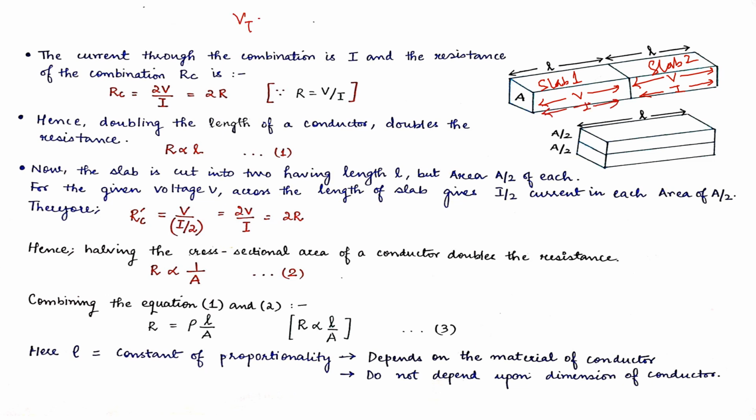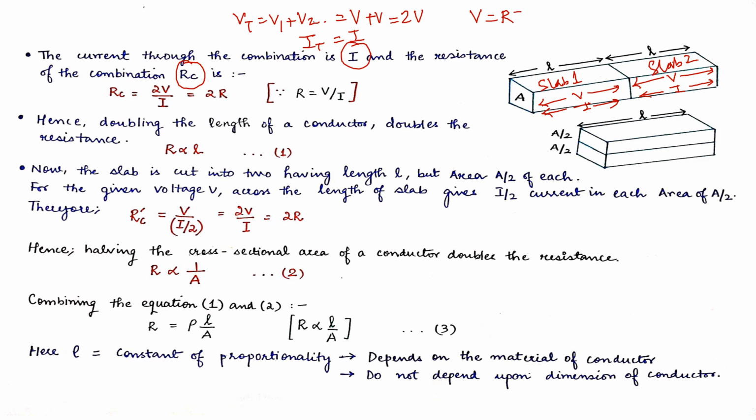Now the total voltage will be V1 plus V2, the current through the combination is I, and the resistance of the combination is RC. This will give us V plus V equals 2V, but the current flowing through both of them is I only.